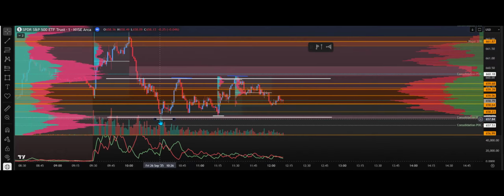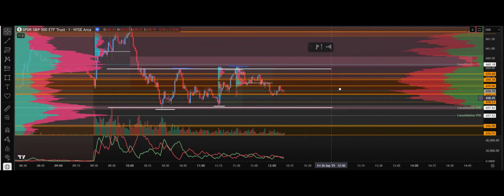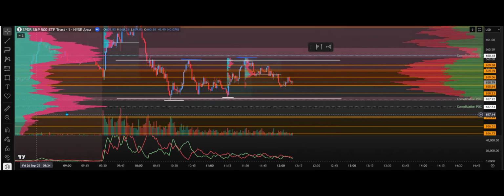So now we've made a higher low, a higher high. This is the start of building support, right? So price has reached up here. There's no buyers. It came crashing down. And now we've started to find some buyers in this range. Certainly buyers are supporting price from going further into this volume area.